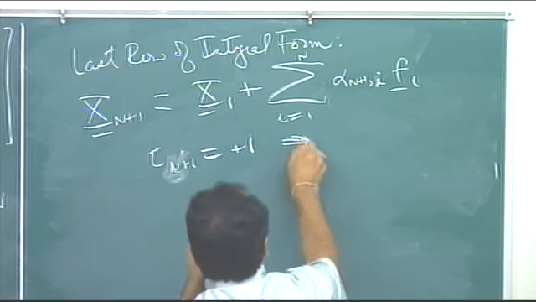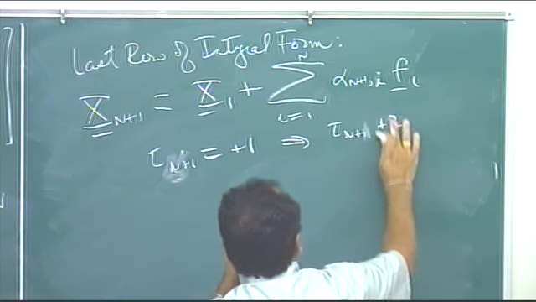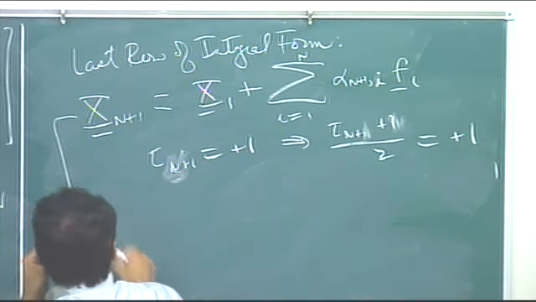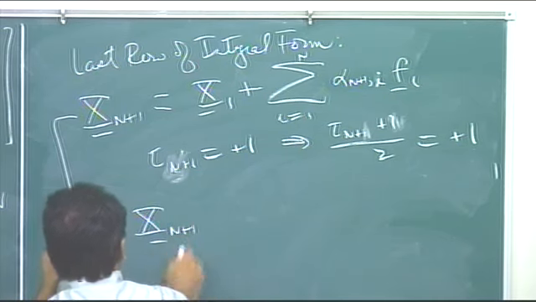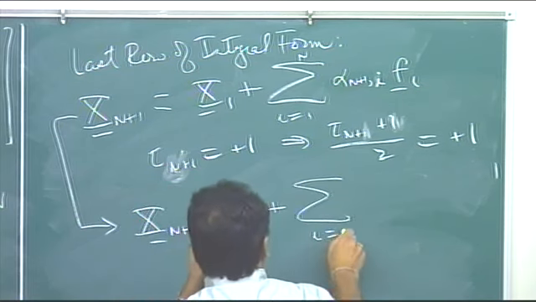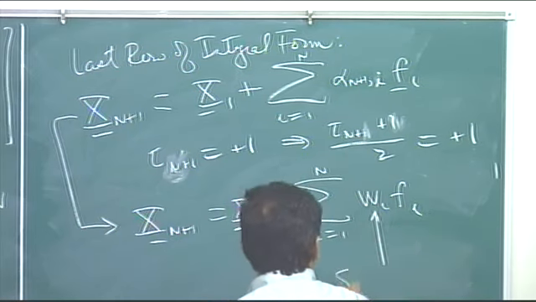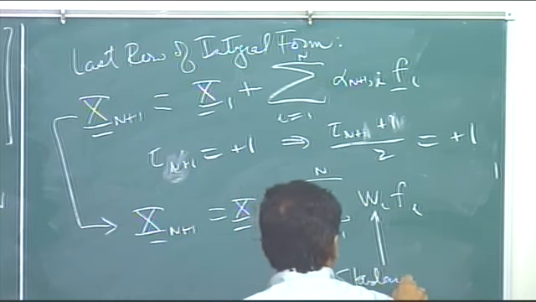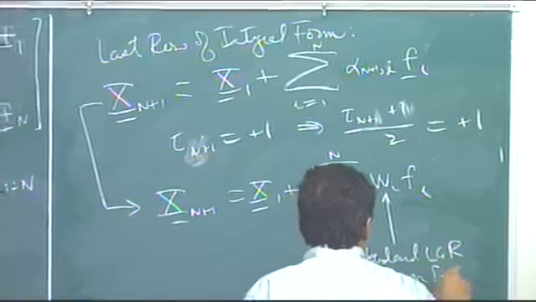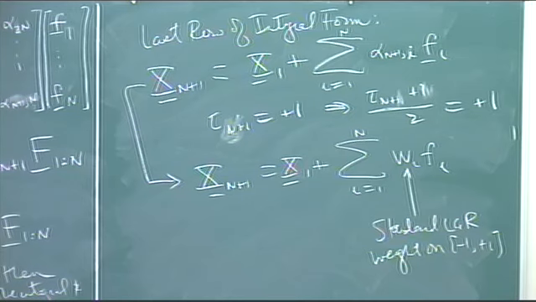So that means that tau n plus 1 over 2 is equal to plus 1, which means that this equation right here reduces to the Radau quadrature, which is x1 plus the sum from i equals 1 to n of w i times f i, where this is the standard LGR weight on minus 1 to plus 1, which means that the last equation is, in fact, the Radau quadrature.